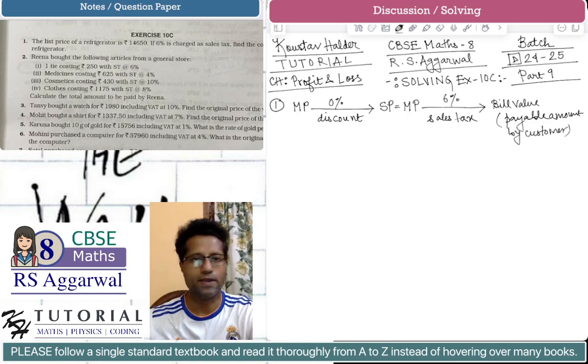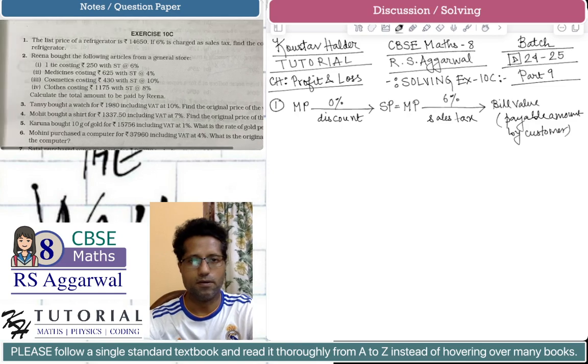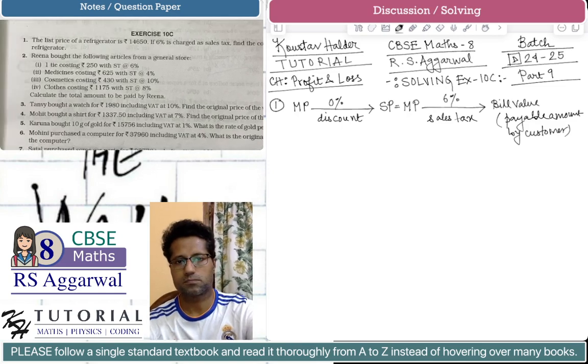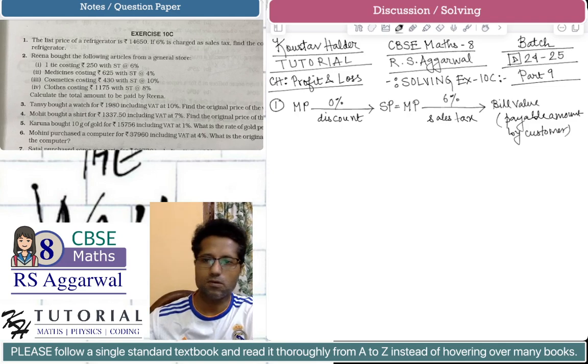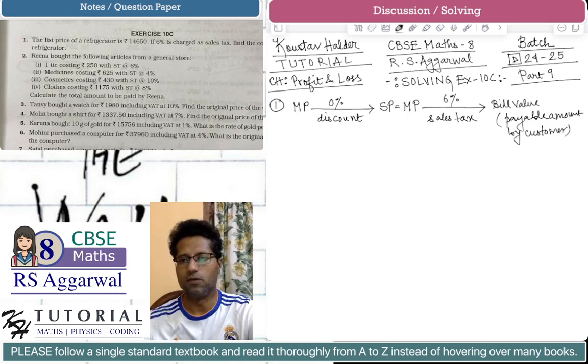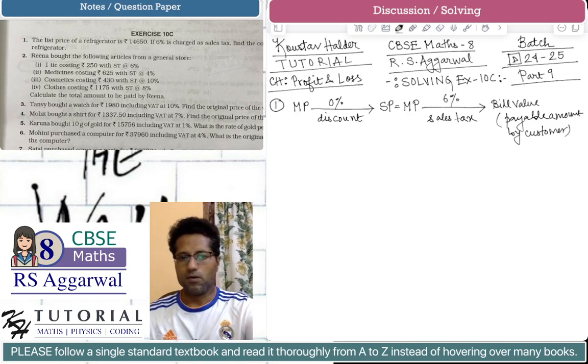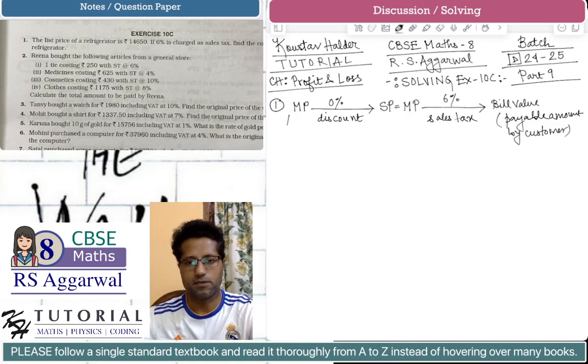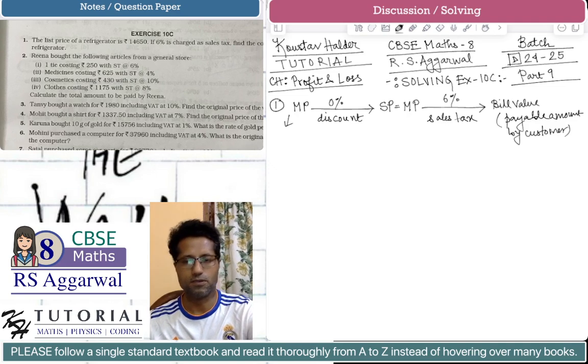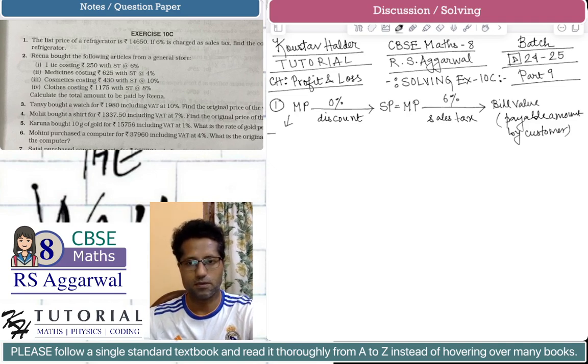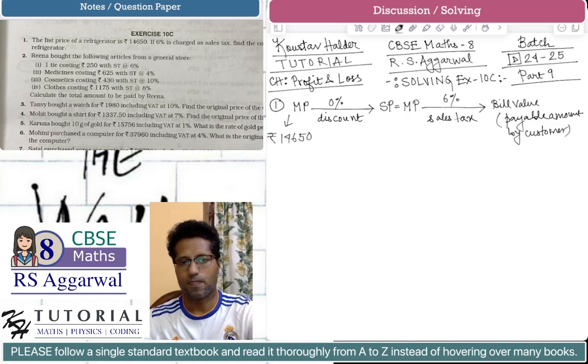We have to find the cost of the refrigerator. So that is, we have to find the bill value. Now the mark price, which is termed in the problem as list price, is given as rupees 14650, and there is 0% discount.